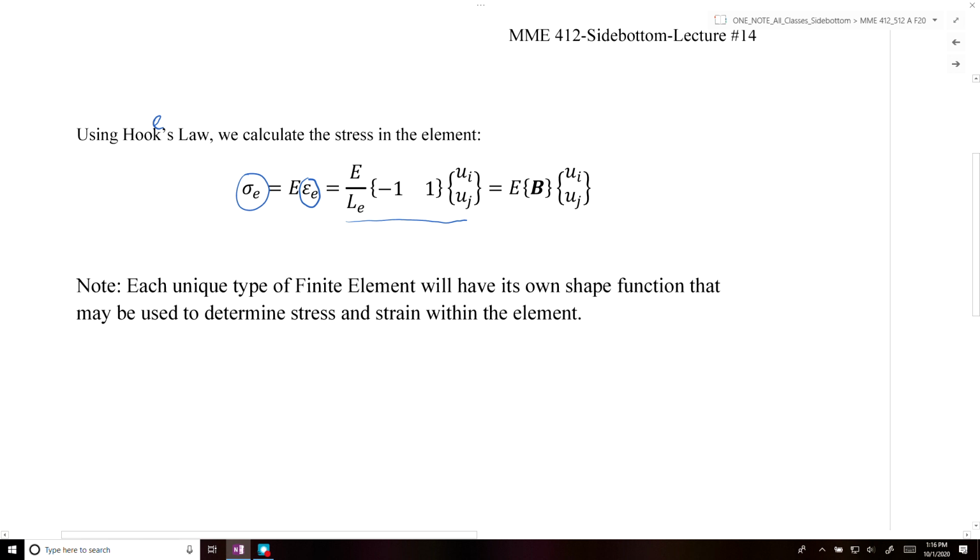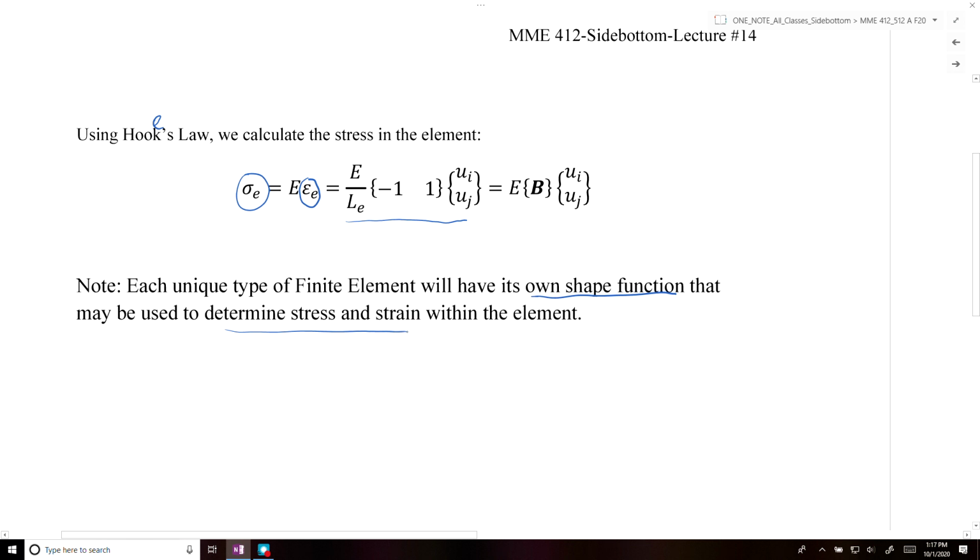Depending on the type of finite element that you pick, like a beam element, a frame element or a quadrilateral element, they will have their own shape functions that can be used to determine the stress and strain within the element.